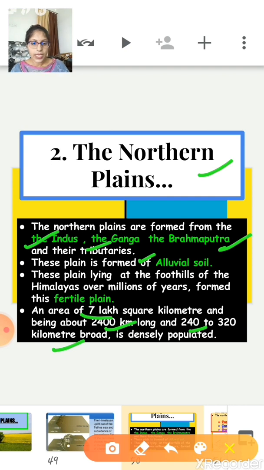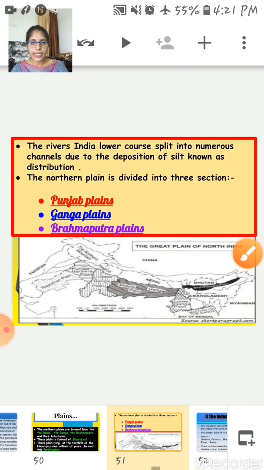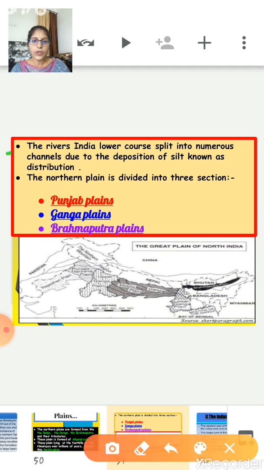Okay, now the next thing is the rivers in their lower course. In the lower course, the rivers split into numerous channels due to the deposition of silt, known as distributaries. Basically, when the river finally reaches the mouth, it splits into numerous channels, and these channels are called distributaries.